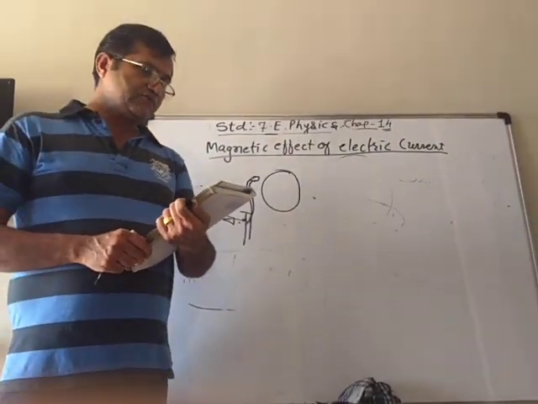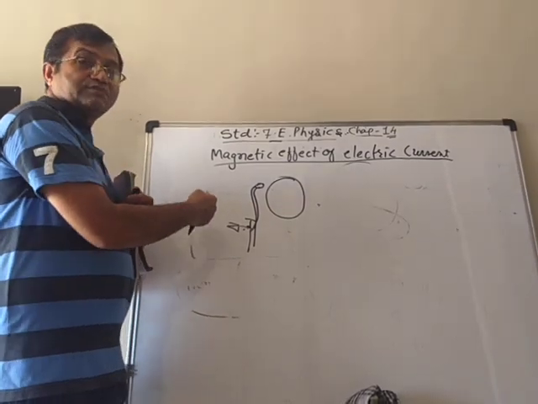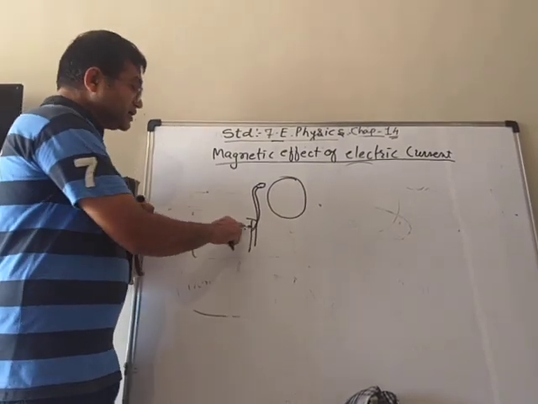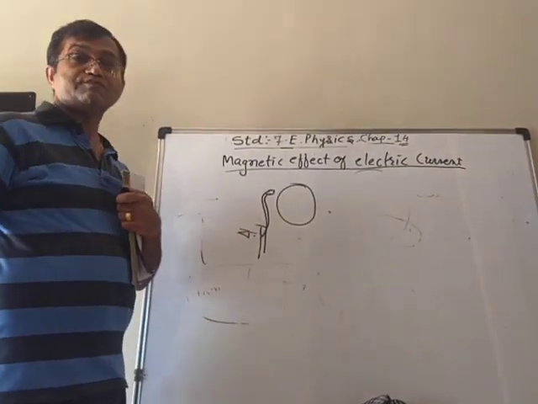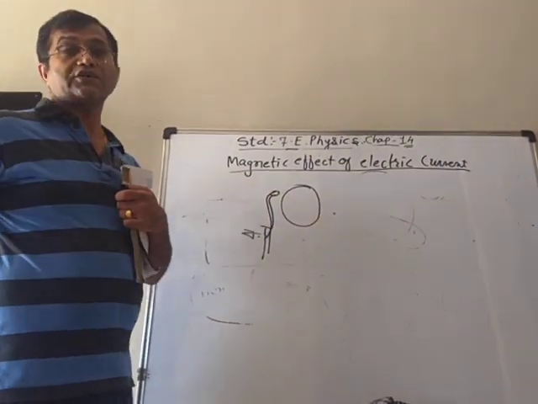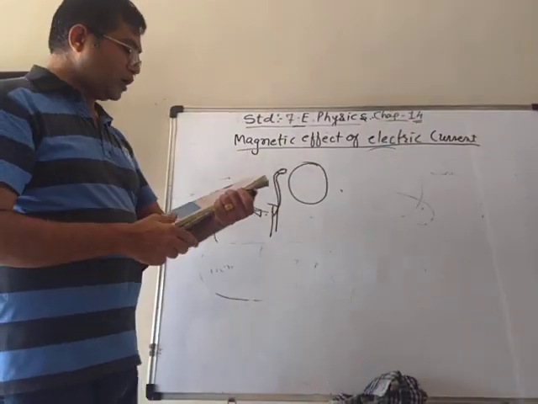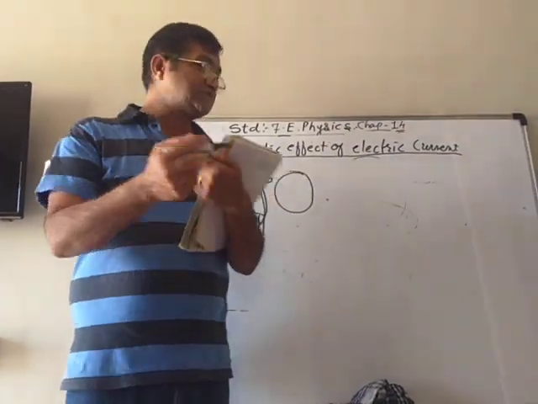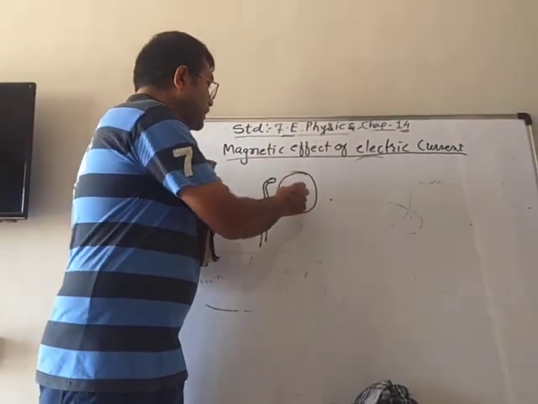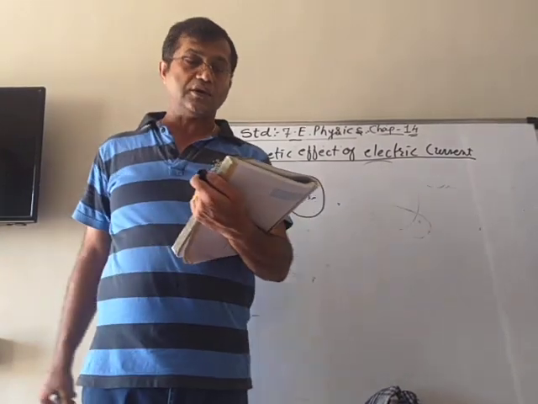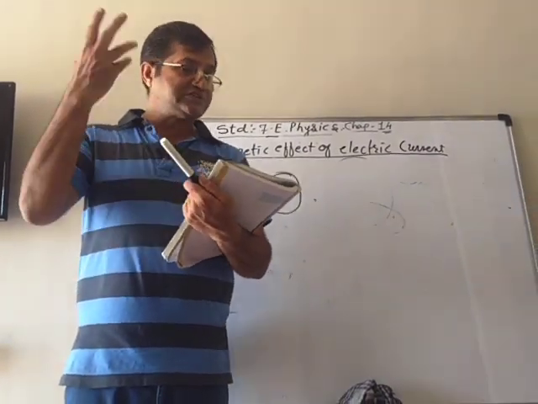And when you release the switch, what will happen? The connection will be broken here with the screw and then it will come back to the original position. If you press it again, it will again make contact, and so on. This is called the hammer, this is called the gong, and the hammer strikes on the gong and makes a striking sound.